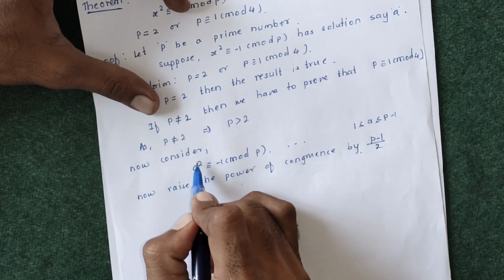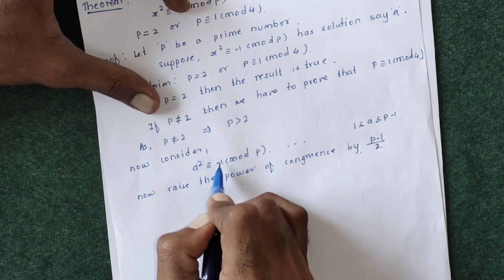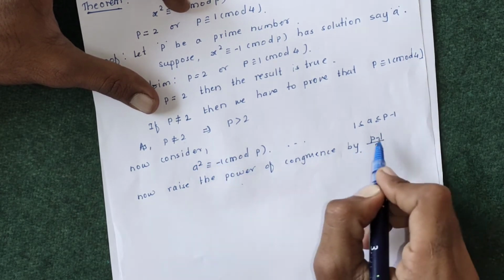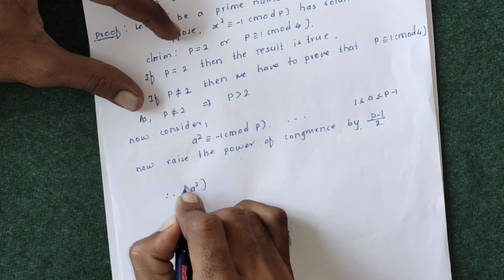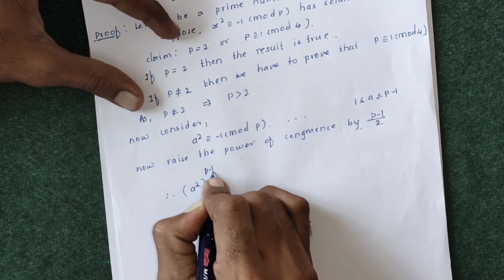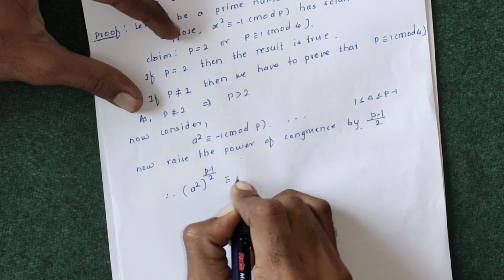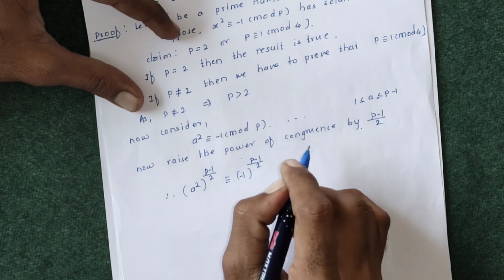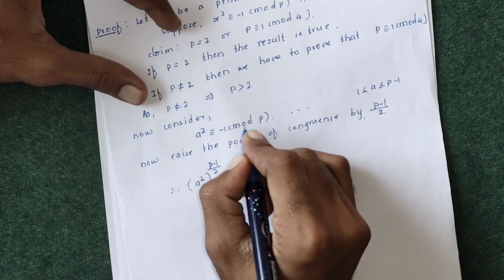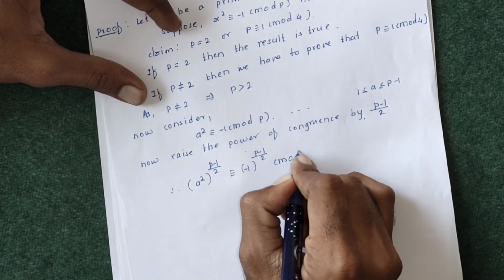Raising a square and minus 1 to the power p minus 1 by 2, we get a square to the power p minus 1 by 2 is congruent to minus 1 to the power p minus 1 by 2 under modulo p.